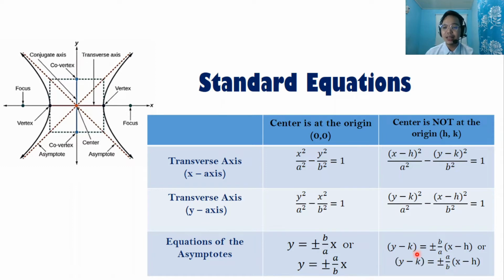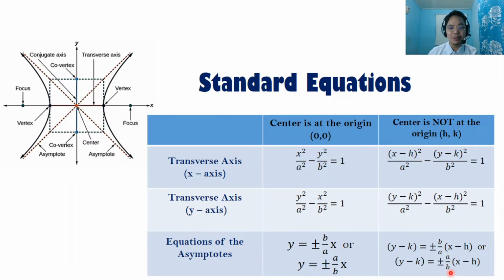Then kapag naman ang center ay wala sa origin, ganun ulit, madadagdagan ng h at k. So quantity y minus k equals plus or minus b over a times quantity x minus h, or quantity y minus k equals plus or minus a over b times quantity x minus h.